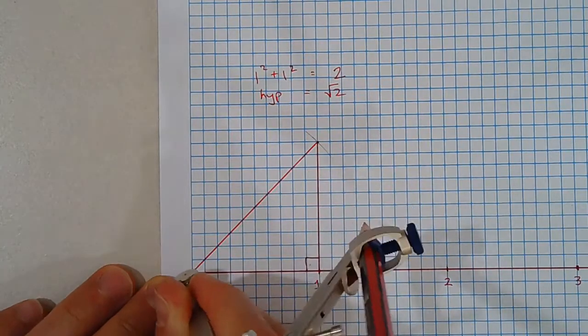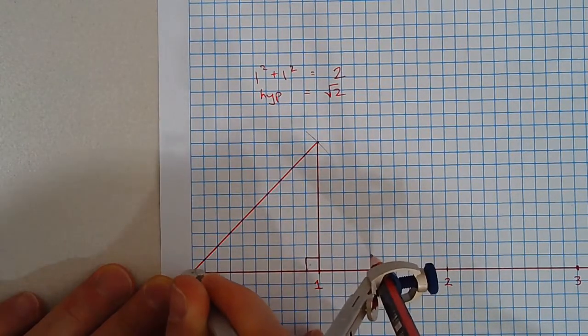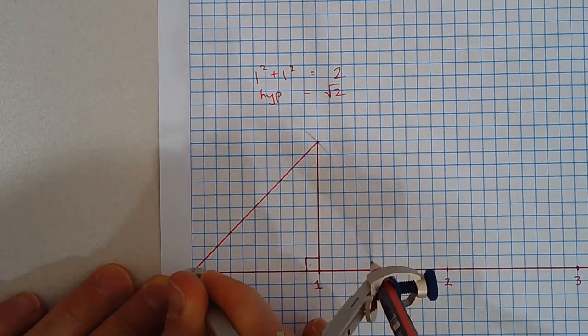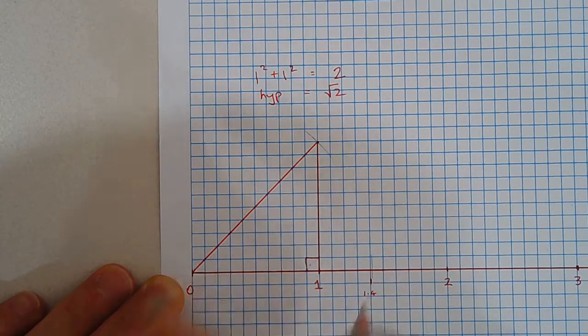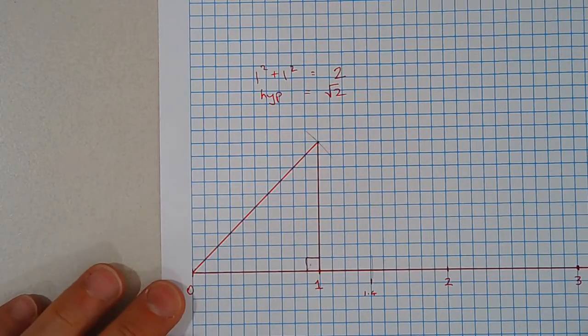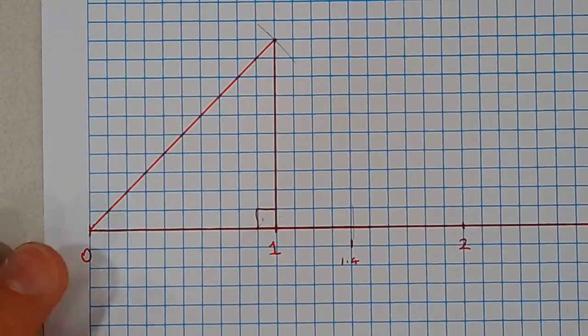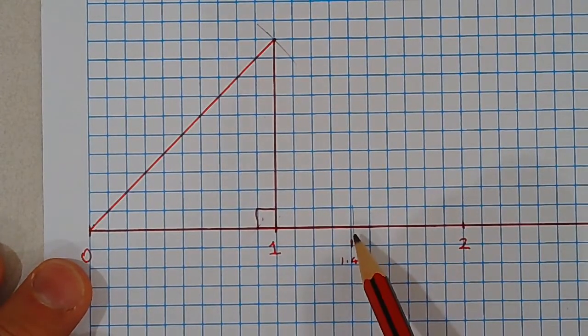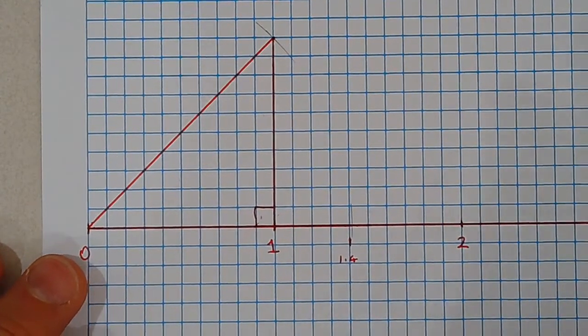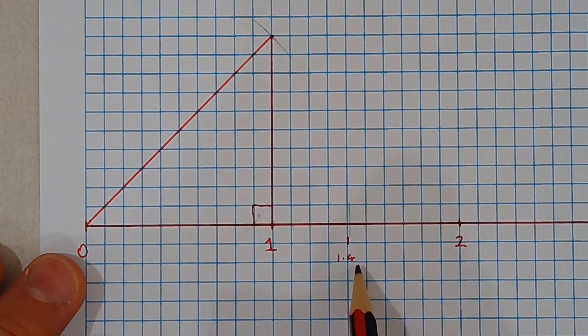Okay, so what I'm going to do is now swing the compasses just there. I'll zoom in again and look where it's landed, just past the marking for 1.4.